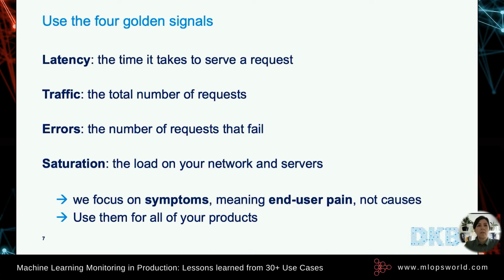And saturation, so the load on your network or on your service. This means we focus on symptoms. That means end user pain, not causes. So our goal is to really understand if the user starts to experience some difficulties, some stuff is not reachable, or maybe it's really slow. And that's what I recommend, and basically what Google recommends for you to use for all your backend services.